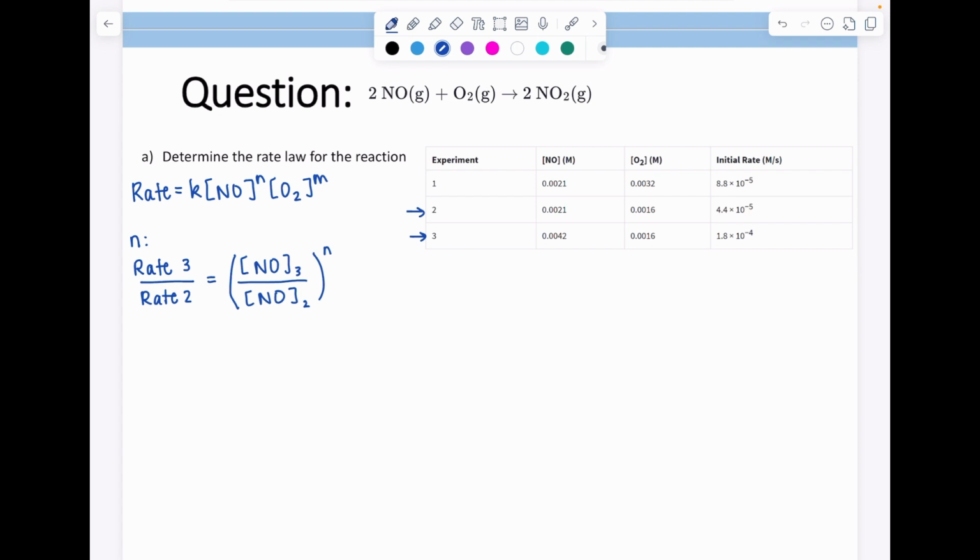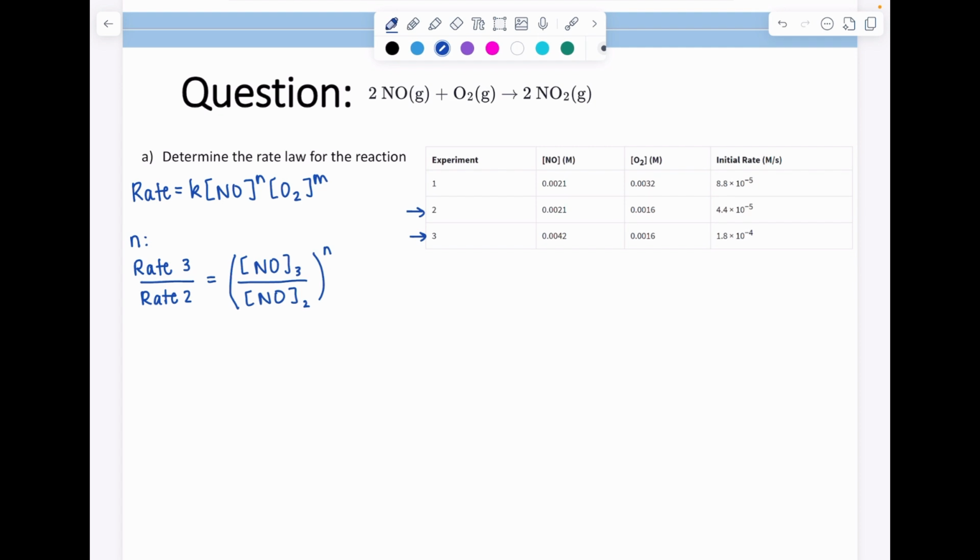We are using the rate law, but for that second fraction in those larger parentheses, we can cancel out K, and we can cancel out the concentration of O2 because they do not change. So we're just simplifying to what does change in that rate law. You could put everything for experiment 2 in the numerator and experiment 3 in the denominator. You'll still get the same n value. I just chose to put 3 on top.